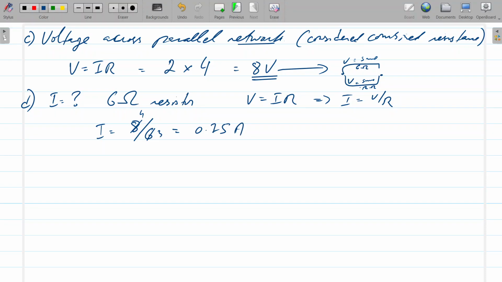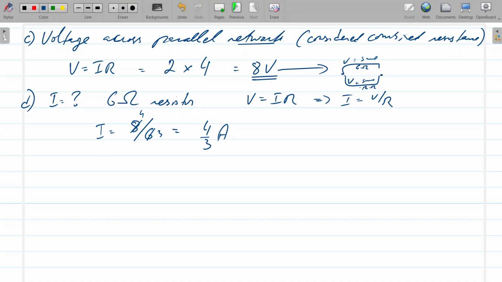Okay. Oh, sorry, 4 over 3, my bad. 0.75 is wrong; it's 1.3. So you can either give 1.3 amperes, or better yet, to be on the safe side, you can just say 4 over 3 amperes. It's fine if we write our answer as a fraction.